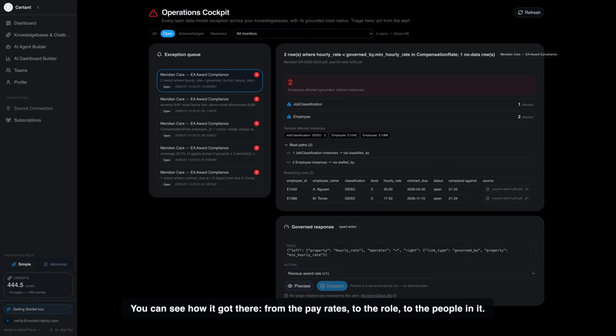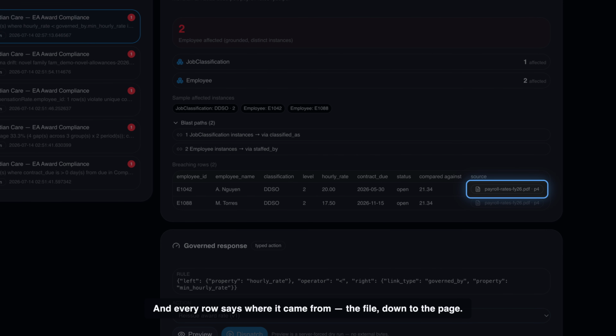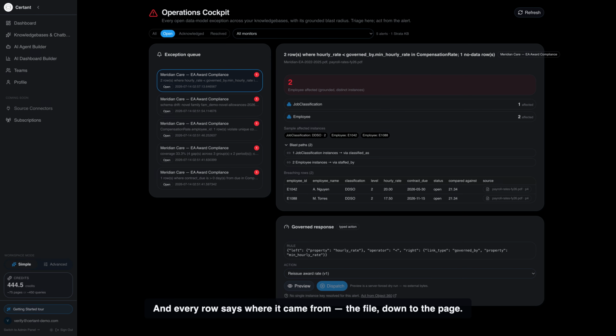You can see how it got there, from the pay rates, to the role, to the people in it. And every row says where it came from, the file, down to the page. And page 146 itself? We'll click back to it in a moment.